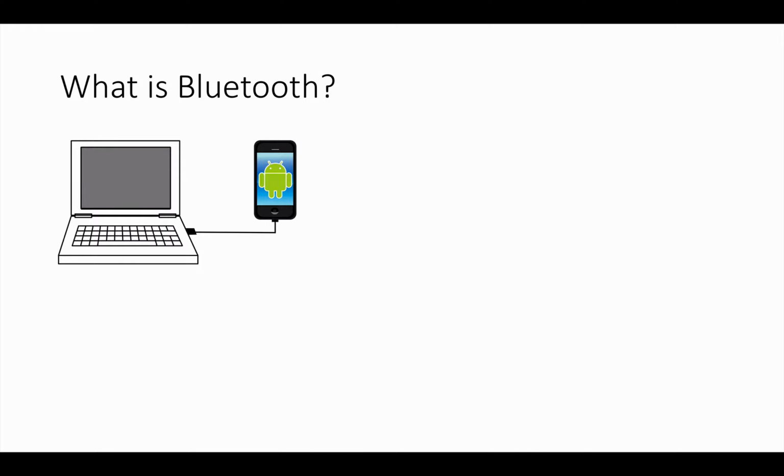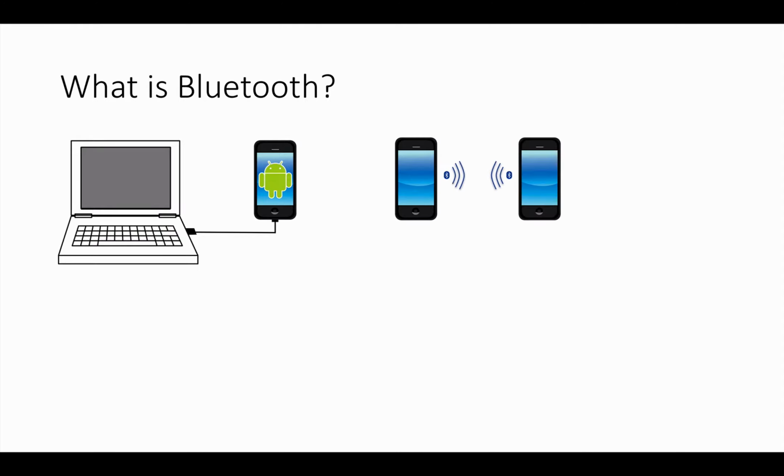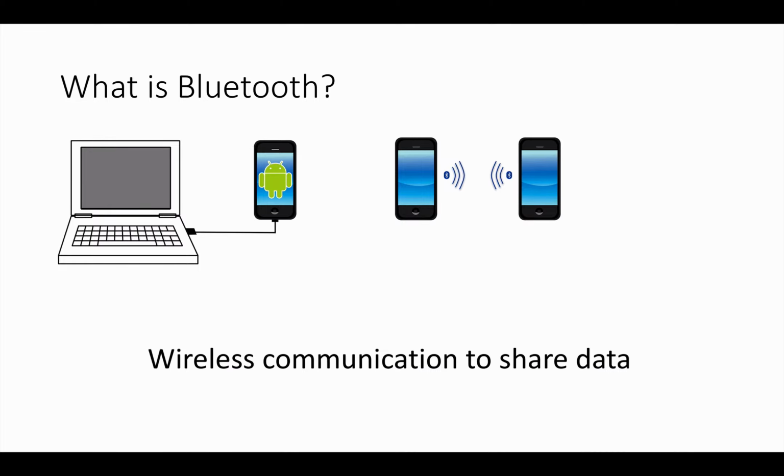They're connected through this cable. We can send data and communicate between that. So Bluetooth is very similar to that, except that it's wireless. So we're able to communicate from one device to the other and send data back and forth. And so essentially Bluetooth is a wireless connection to share data between devices.